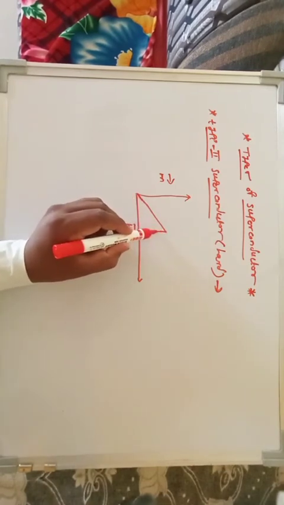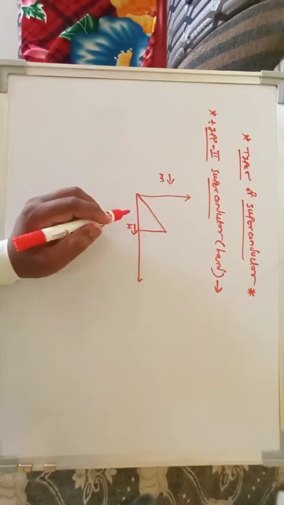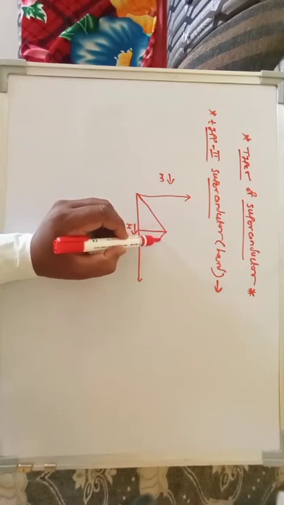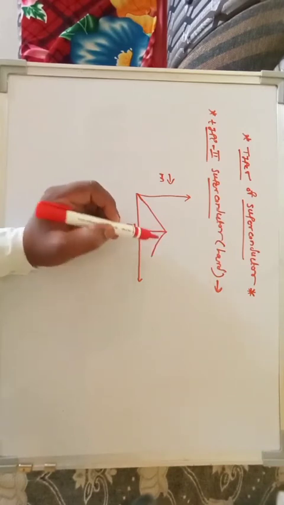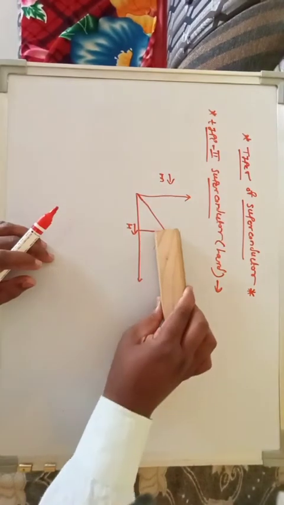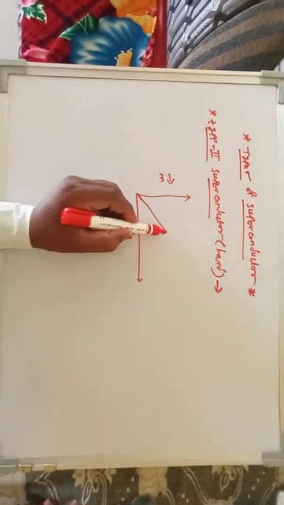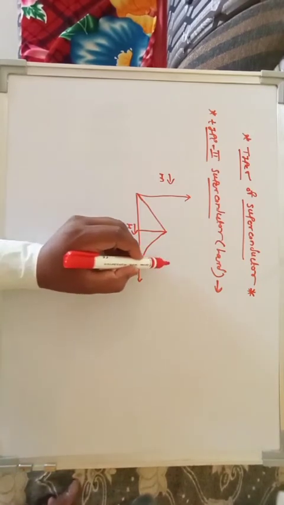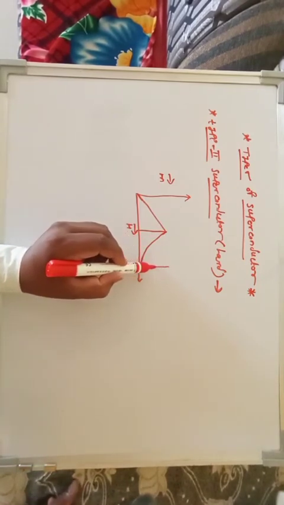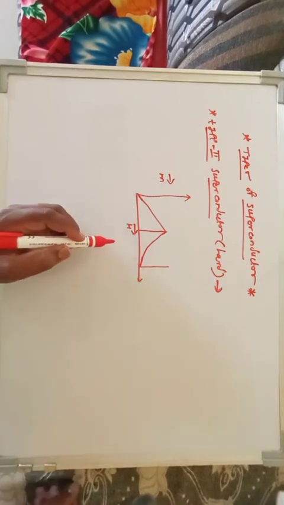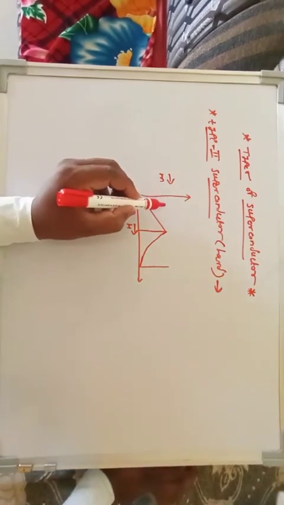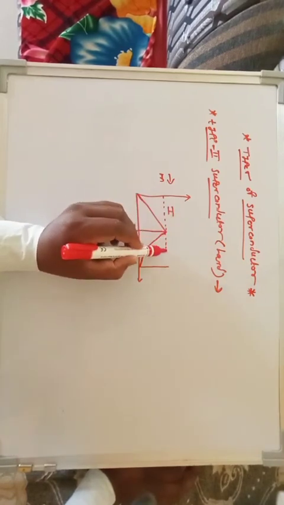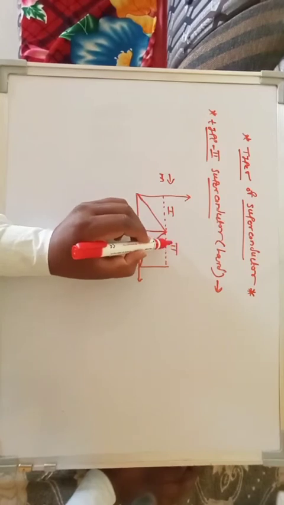So in this case, if you see the difference between type first and type second, this is the region. Up to here is the first region, and from here is your second region.